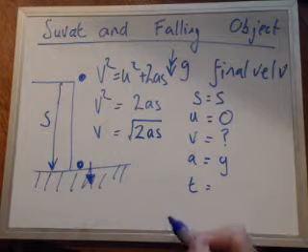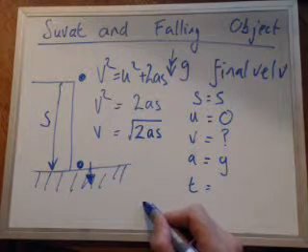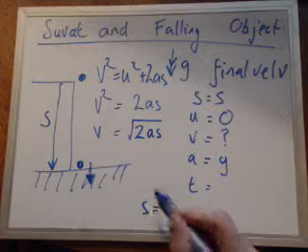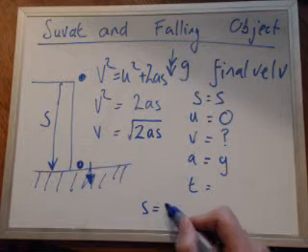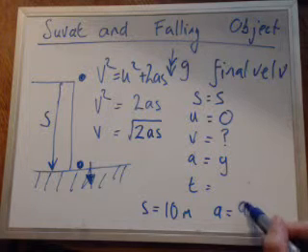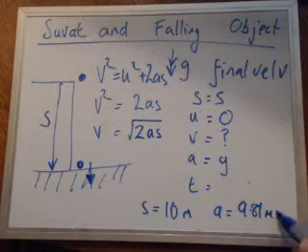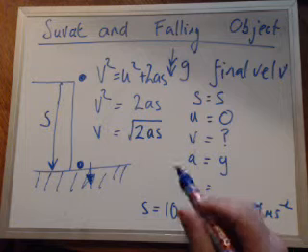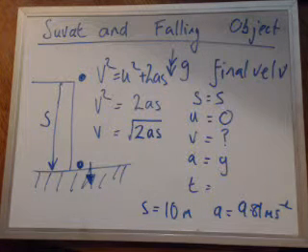And if we said the displacement was 10 meters and acceleration due to gravity is 9.81 meters per second squared, we can plug those numbers in and we get the final velocity.